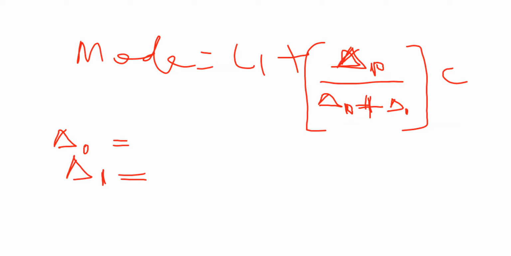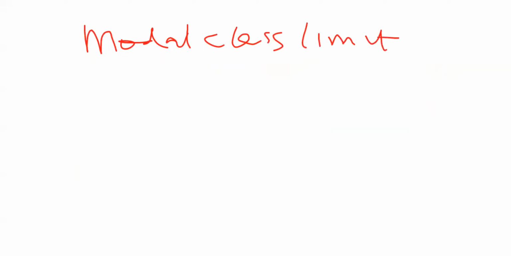Is it clear? Yes. We already know C now as 5, the length of the class. So automatically, we can say that the modal class limit is 165 to 169. Yes, 165.